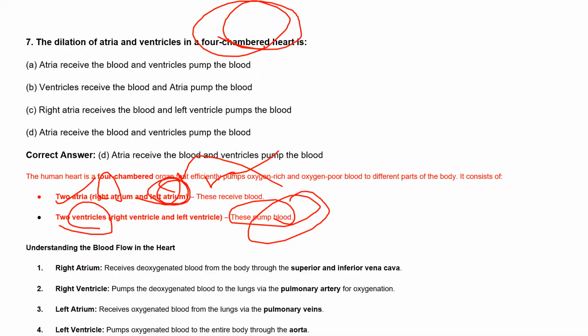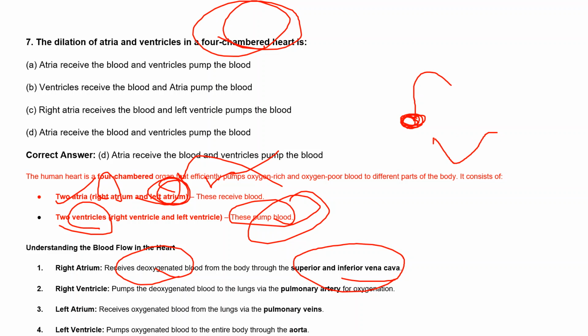So how do they do this? The right atrium receives the deoxygenated blood through the superior and inferior vena cava. There are two openings. One is the superior, present in the upper part of the right atrium, and one is present in the lower corner of the right atrium.